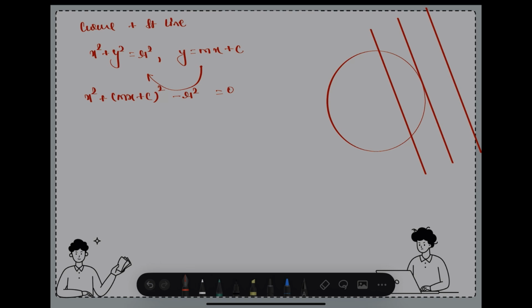Let's open that bracket: x square plus m square x square plus c square plus 2mcx minus r square equals 0. Now please create the quadratic in x. So it is (1 plus m square) x square plus 2mc x plus c square minus r square.